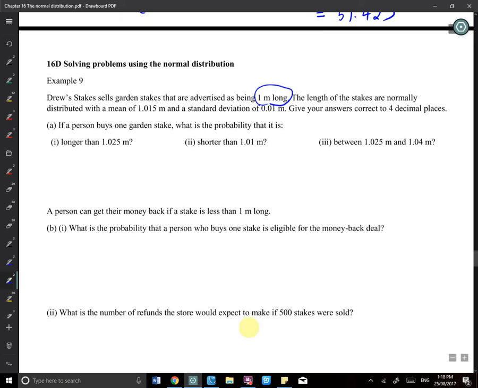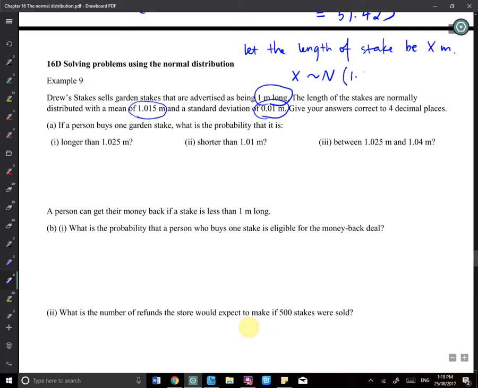So the length of the stakes are normally distributed, with a mean of 1.015 meters and a standard deviation of 0.01 meters.